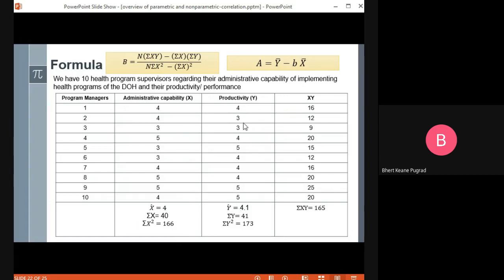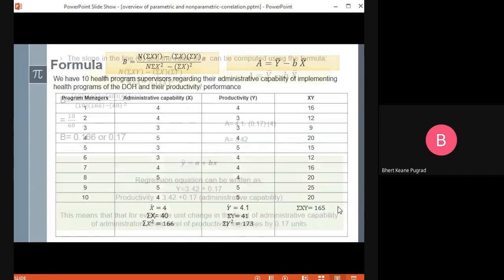How about your productivity? The mean is 4.1. Summation of y is 41, and the summation of y squared is 173. For xy, you just multiply the values of x to the values of y. 4 times 4, 16. 4 times 3, 12. 3 times 3, 9. And so on and so forth. Summation of xy is 165.